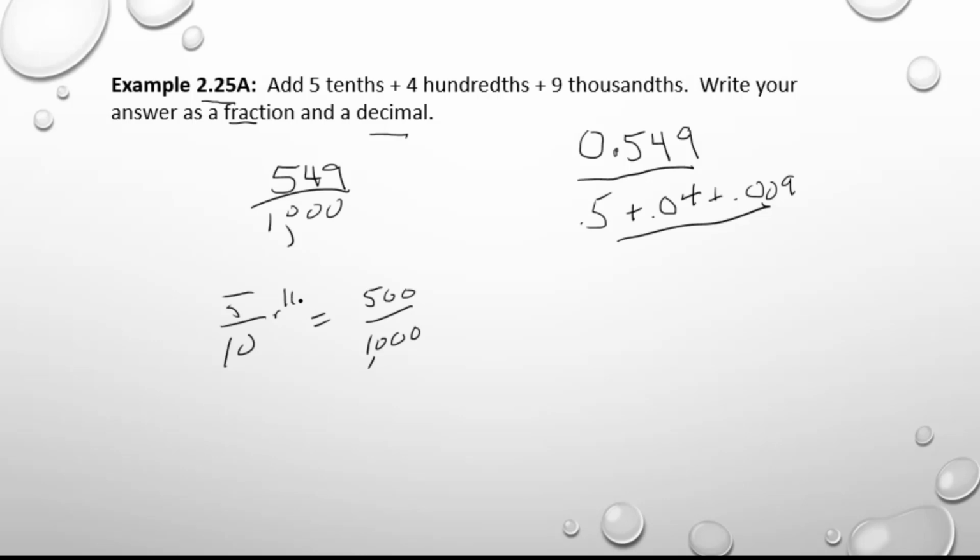That is equivalent to multiplying by 100 over 100. And 4 hundredths is the same as 40 over 1,000. So I have 540 and 9 thousandths over 1,000.